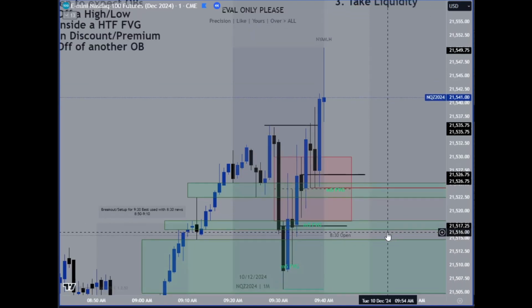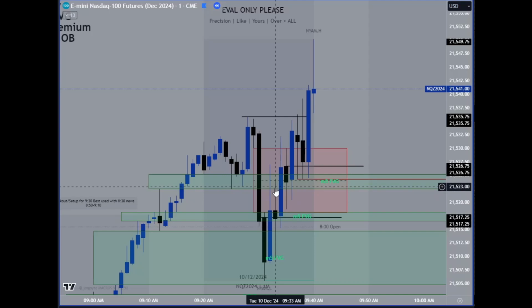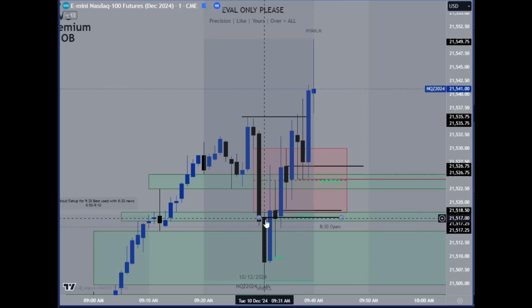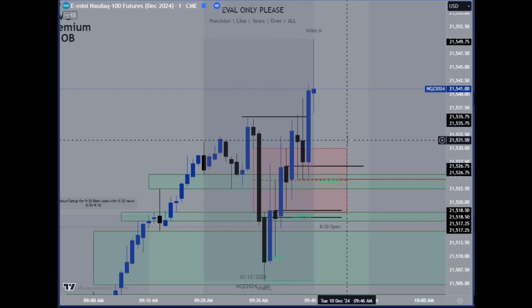And why is this an OB? It's because it formed after we tapped into another OB, right? Right down here. We get an OB here, another OB off that OB, another OB off of this one, and then we get the inverse. This one gets respected again, so you can trust it.